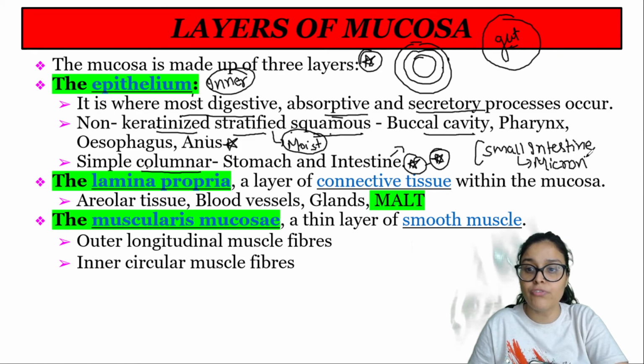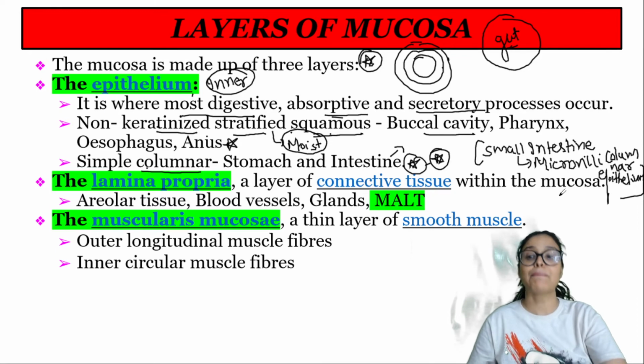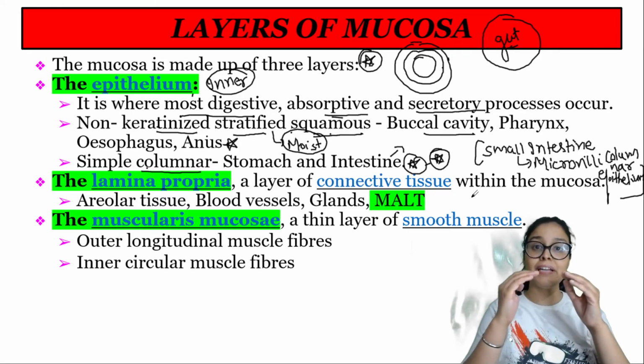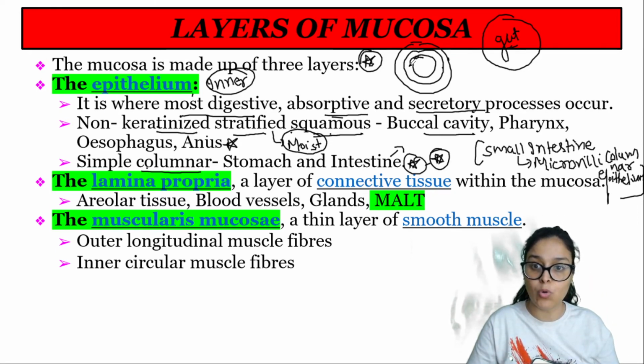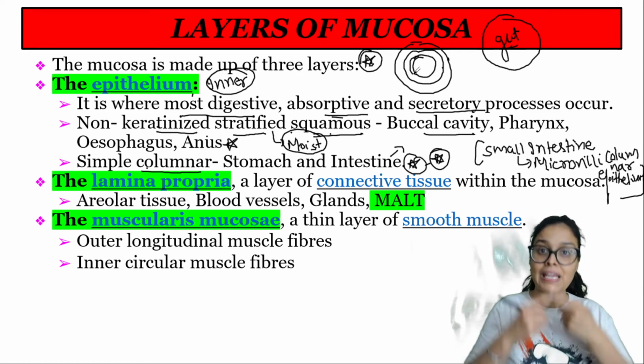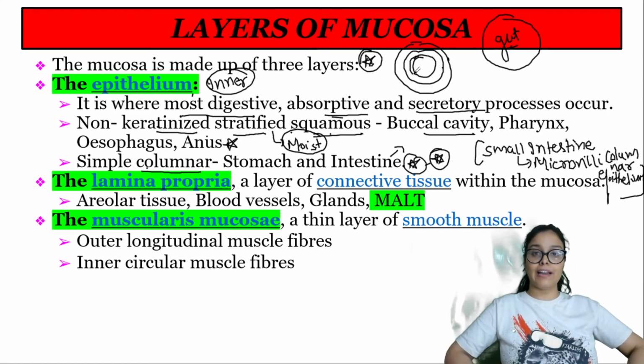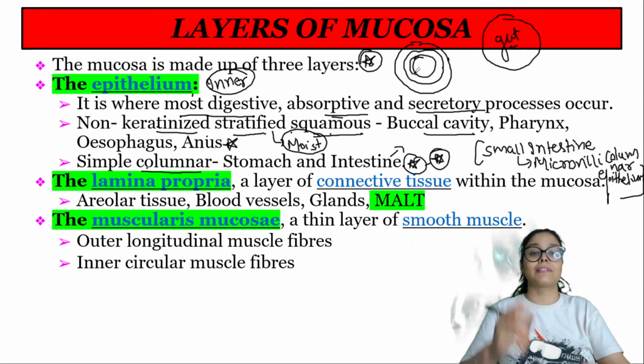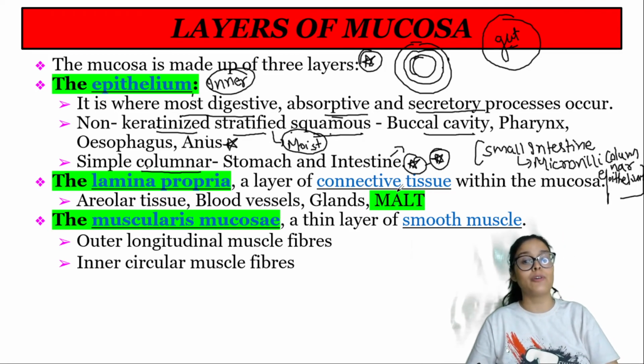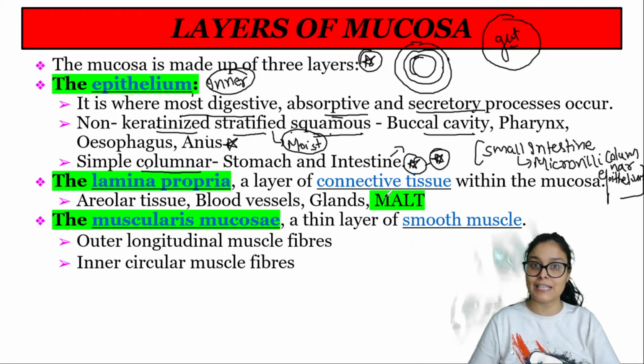So microvilli, that means brush border columnar epithelium. This is something you have to remember, and we have already done it in the epithelium part, right? So the innermost layer of the mucosa is made up of epithelium, and in the alimentary canal different epithelium is present. So you have to remember which part has which epithelium cell.